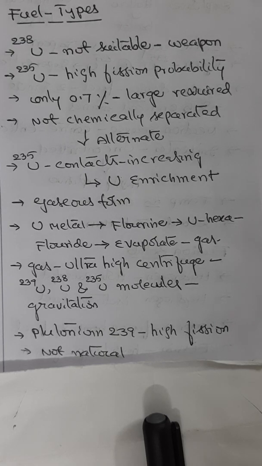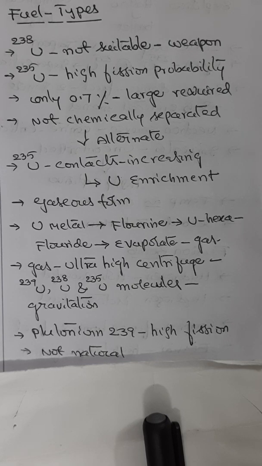Of the natural uranium available, only 0.7% is uranium-235. This means a large amount of uranium is needed to obtain the necessary quantities of uranium-235. Also, uranium-235 cannot be separated chemically from uranium-238 because the isotopes are almost chemically identical.